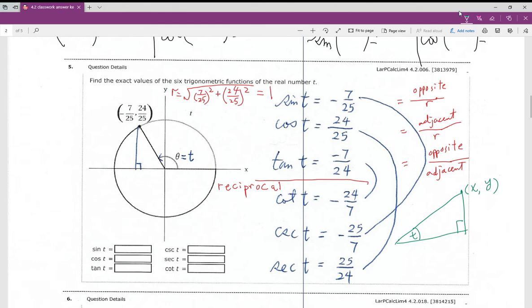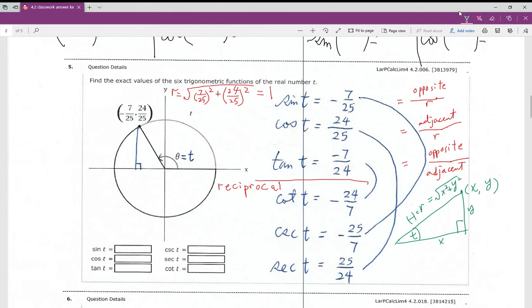Now I don't guarantee the hypotenuse is 1. Hypotenuse means the radius. And the hypotenuse will be the square root of x squared plus y squared, because this is x, this is y. And I don't guarantee r is 1. So right now I just say the radius is r, the hypotenuse is r.